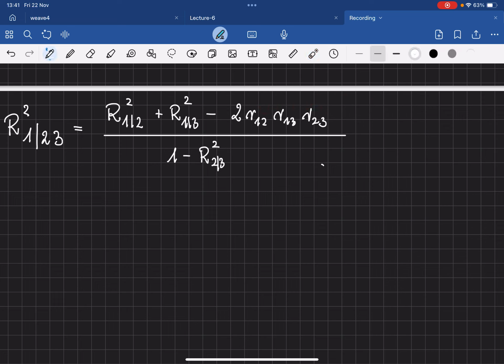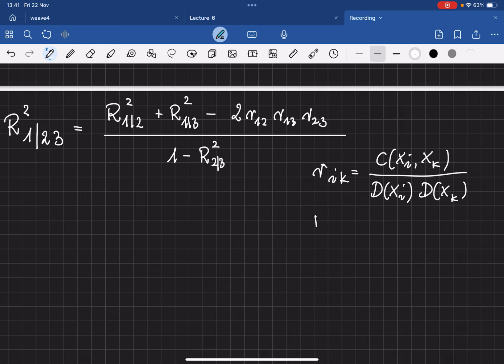So this small r ik is the covariance of xi, xk divided by the standard deviation of xi times the standard deviation of xk. So r squared ik is small r ik squared.